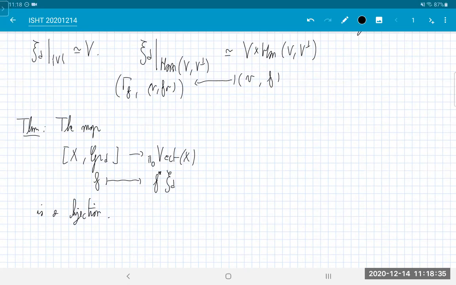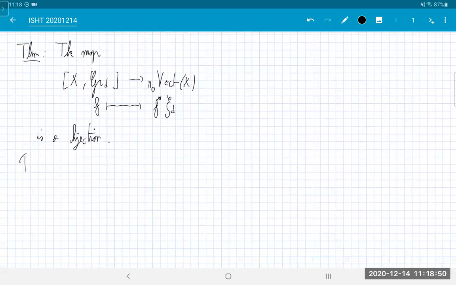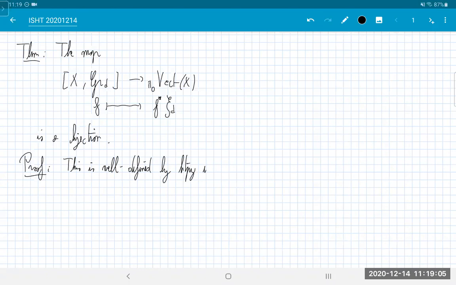So you can think, if you have a vector bundle, this map from x to the Grassmannian, you can think of it as sending every point to the fiber over that point, morally. Let's see how this goes. So first, this is well defined because pullbacks are homotopy invariants, by homotopy invariance.